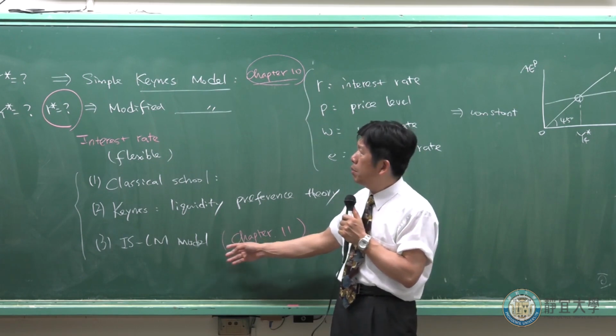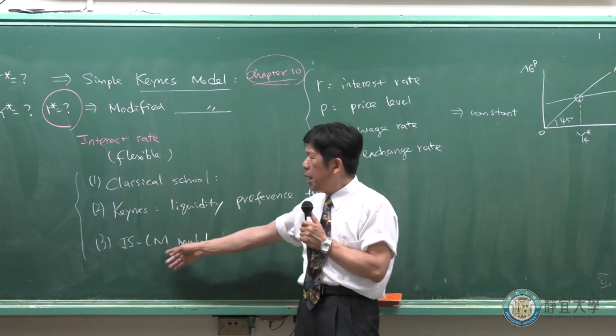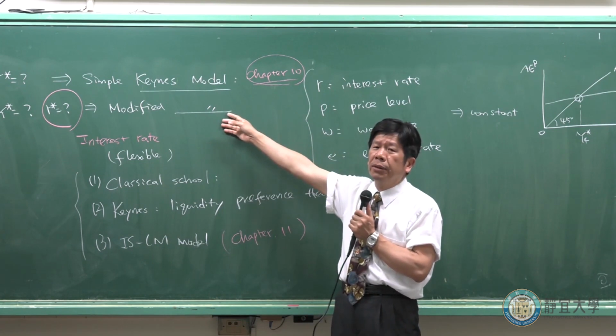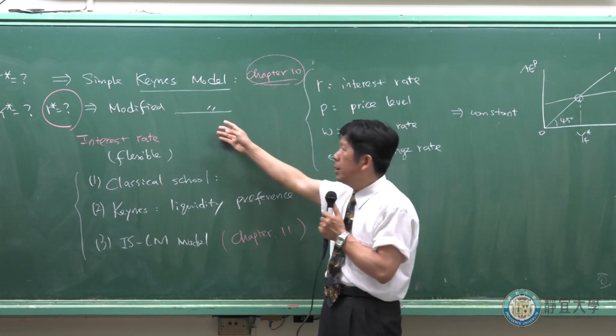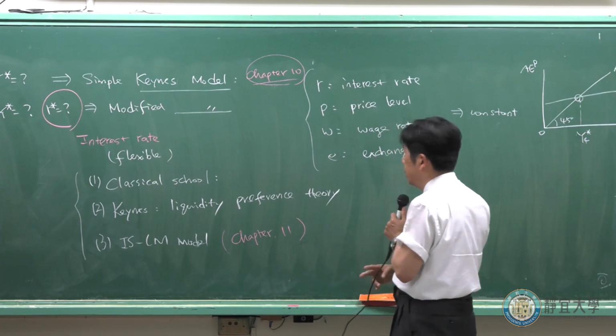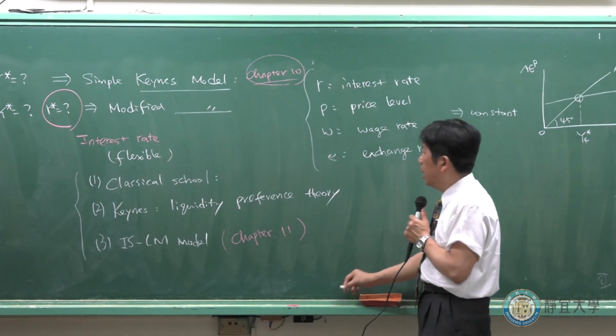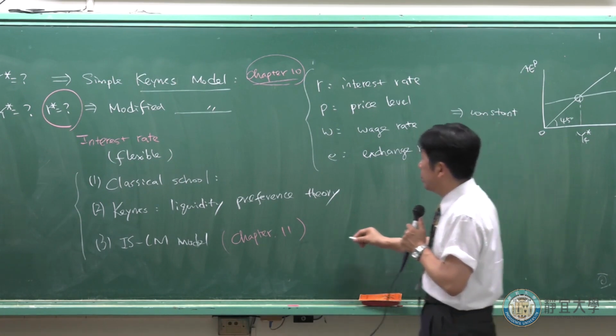In particular, the IS-LM model we call the modified Keynes model. So this is more important. So, you understand?